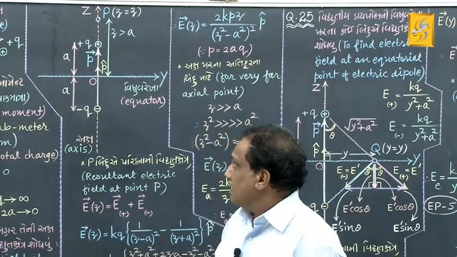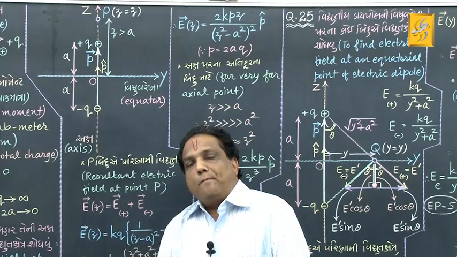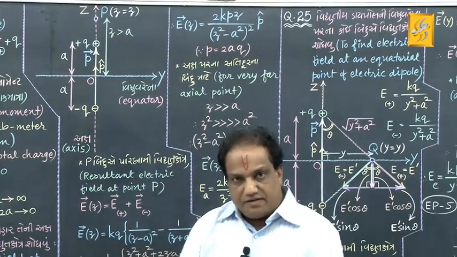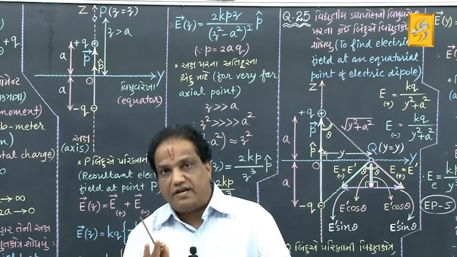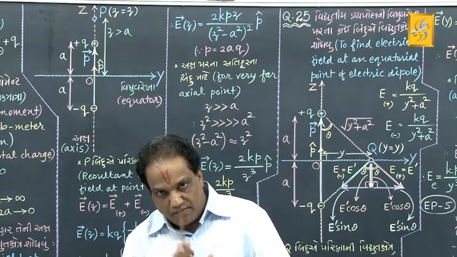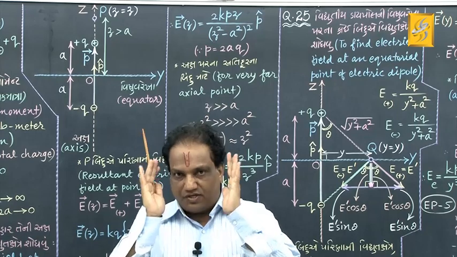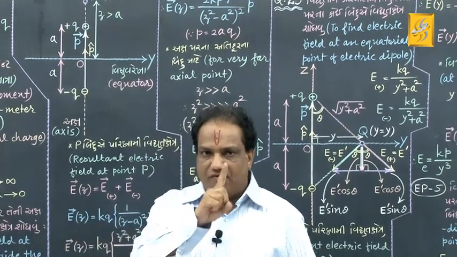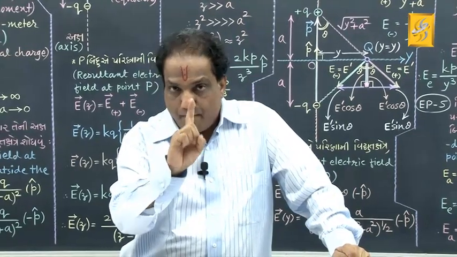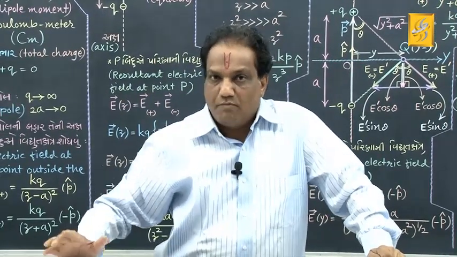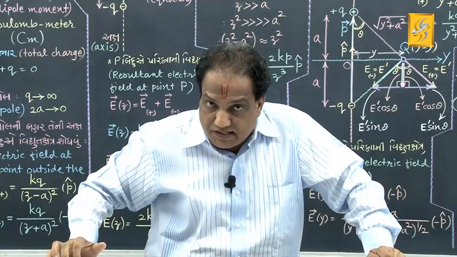Okay, fine. Now, can you tell me how many axes and how many equatorial lines there would be for any electric dipole? Try to imagine. Every electric dipole has only one axis, but an infinite number of equatorial lines.